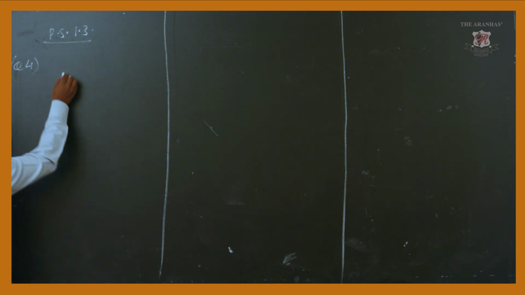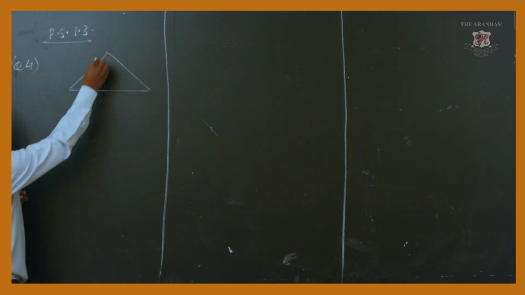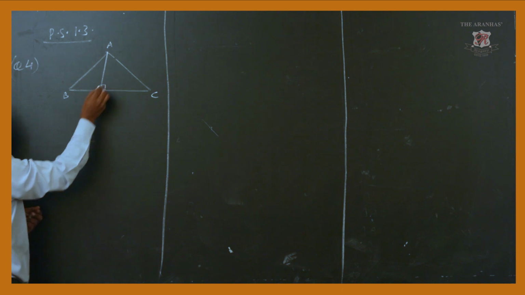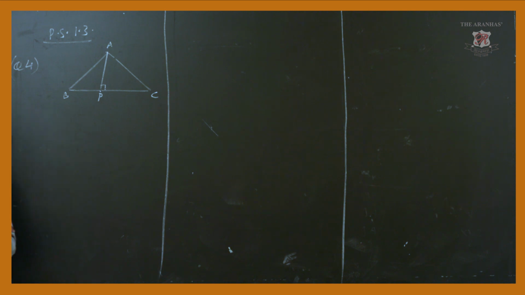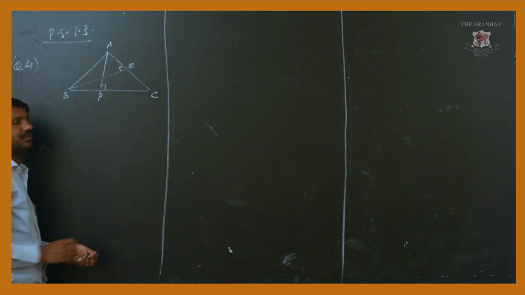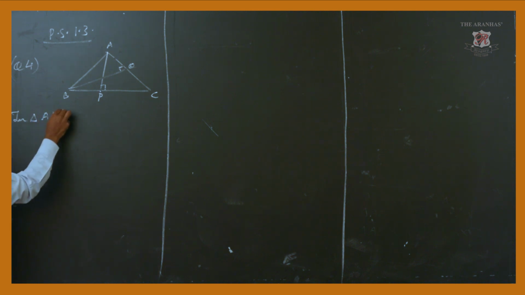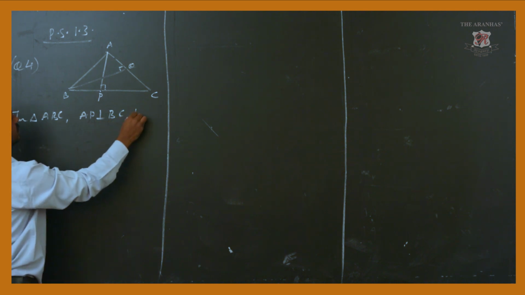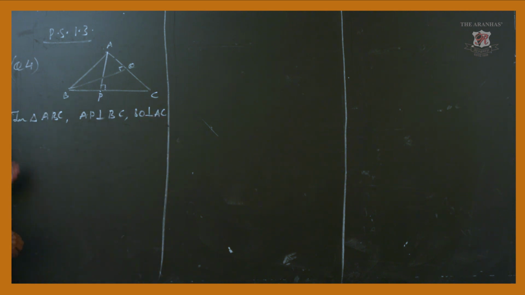Now in question number 4, what they gave us here is one triangle, triangle ABC. In triangle ABC, one altitude is constructed from vertex A, and its foot is named P. So altitude AP is constructed, as well as from vertex B one more altitude is constructed, that is Q. We will write in short: in triangle ABC, AP is perpendicular to BC, as well as BQ is perpendicular to AC.